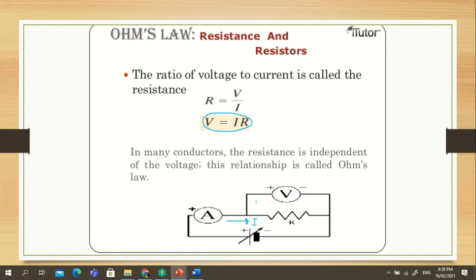So the voltage that you will see in the reading would not be equal to whatever we expect, because of the internal resistance there would be a voltage drop, so it would be less than this source voltage.